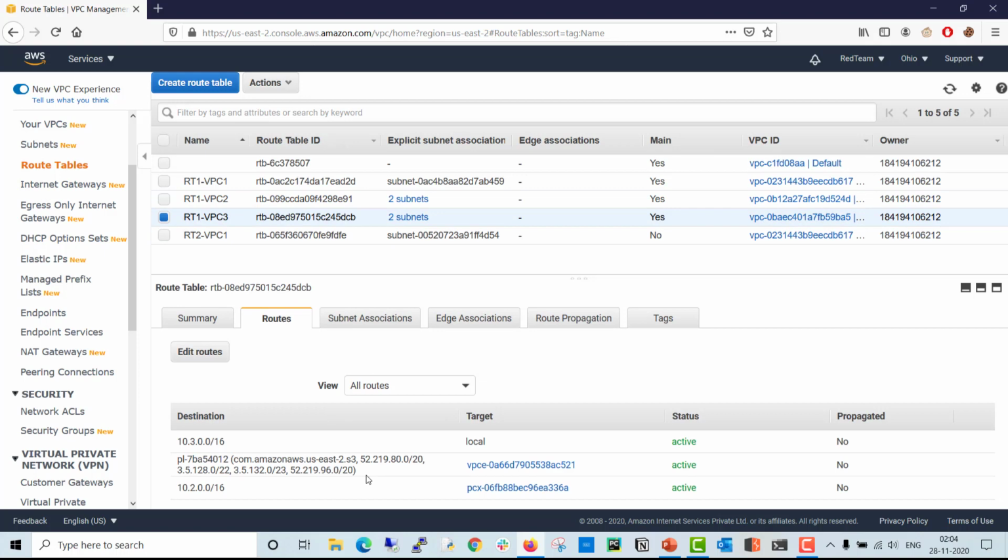Same like VPC3, it has only one route defined: if you are in VPC3, you can access VPC2, but you can't access VPC1. So by looking at the routing table, we understand how the route is defined and how we can check it.